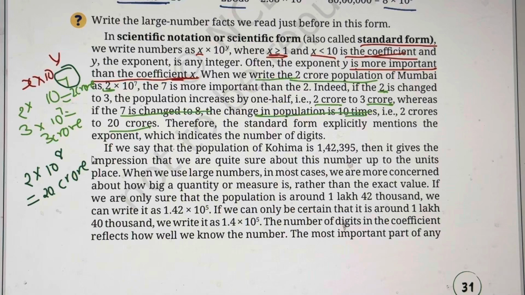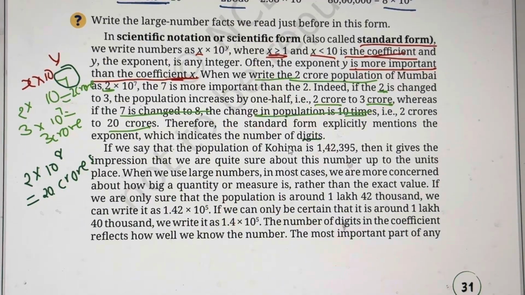See the difference. Here if I change this x, 2 becomes 3, so 2 crore becomes 3 crore. Not much difference. But if I change the power, because it becomes 10 times, 2 crore becomes 20 crore. That is why it is said that y is more important than x. Therefore, the standard form explicitly mentions the exponent, which indicates the number of digits.